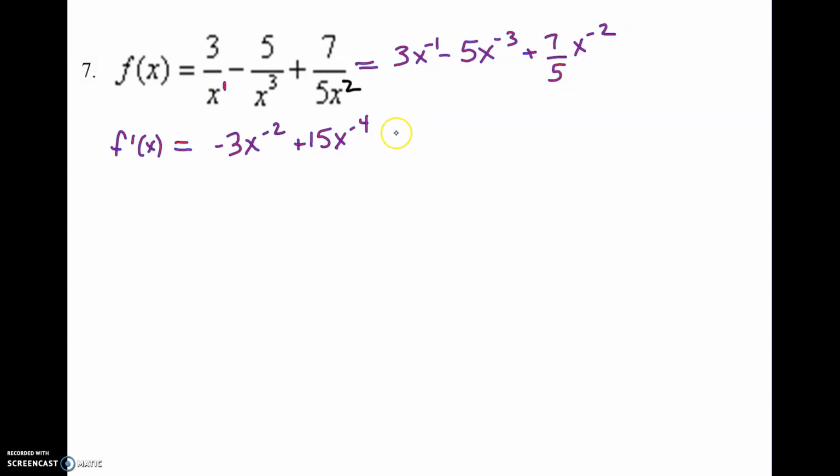You can write that out and do the multiplying later if you want. It will be 7 times negative 2 over 5 times 1, x to the power of negative 2, subtract 1, negative 3. Done.